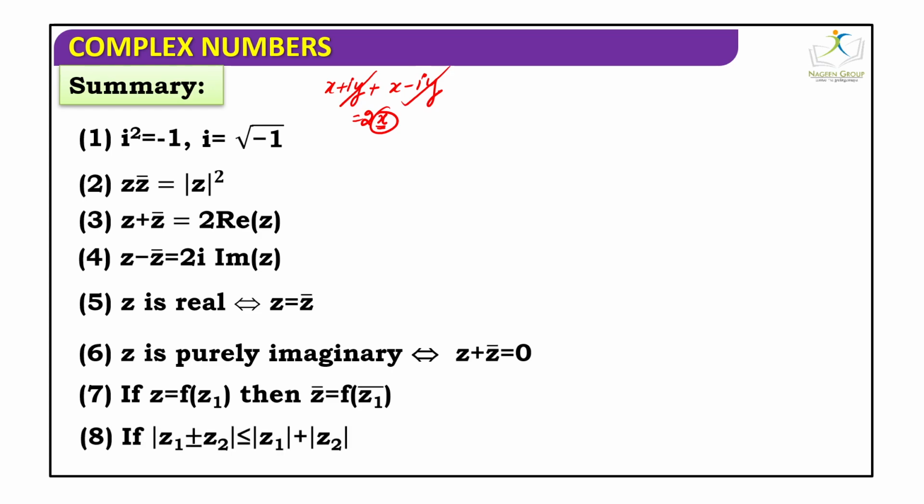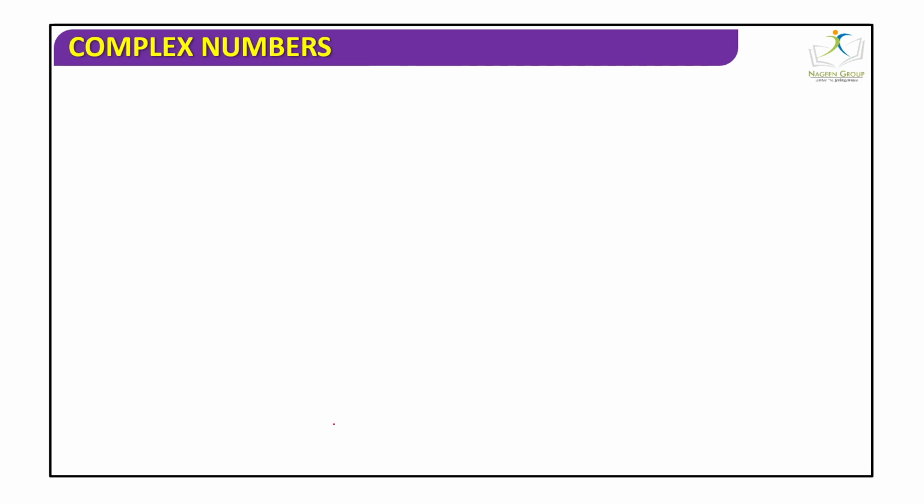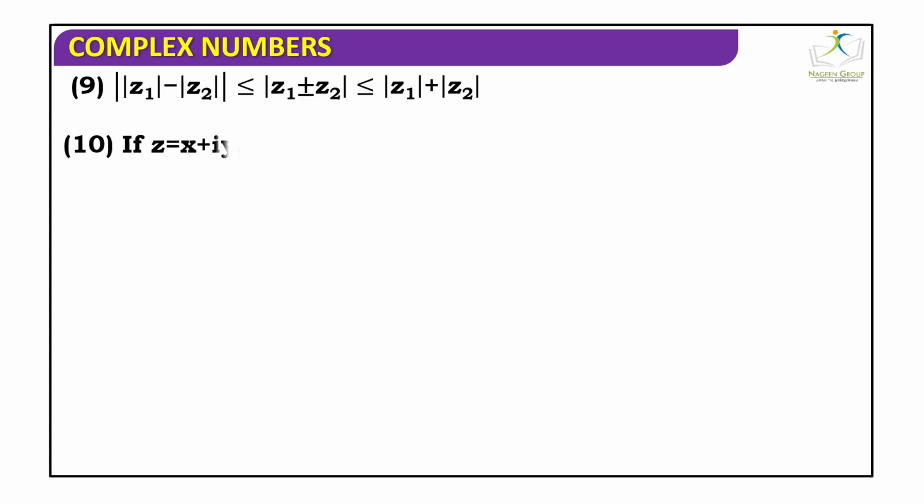If z1 plus z2 bar we have, then we can separate these two values. It is less than or equal to modulus of z1 plus modulus of z2. Now, if we have modulus of z1 minus modulus of z2, then it will be less than or equal to modulus of z1 plus minus z2, right? And it is less than or equal to modulus of z1 plus modulus of z2.